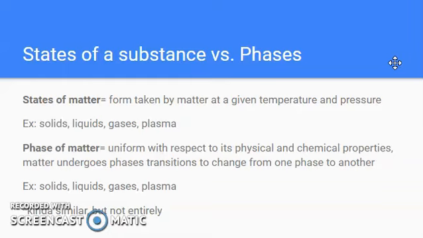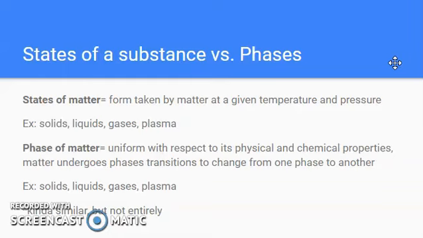Whereas the phase of matter is uniform with respect to its physical and chemical properties. And matter undergoes phase transitions to change from one phase to another, for example, a solid to a liquid. Examples of phases of matter are solids, liquids, gases, and plasma.